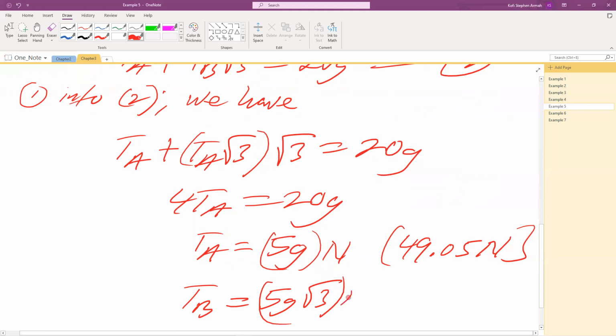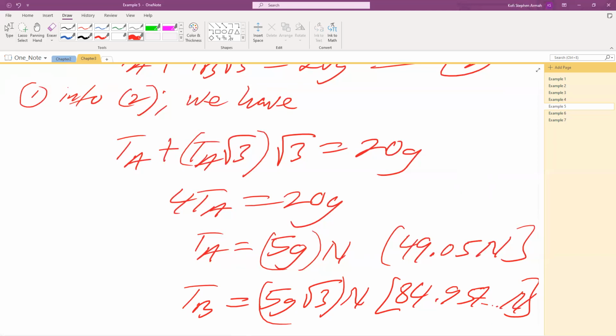I like exact numbers, but if you want to use the calculator, you multiply your 49.05 by root 3. What do I get? Let me use my calculator here. That's like 84.95 something and so on newtons.